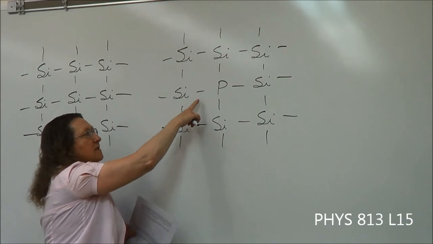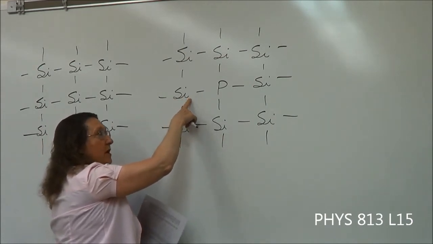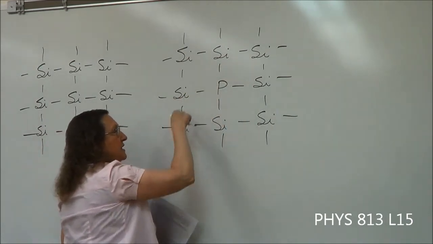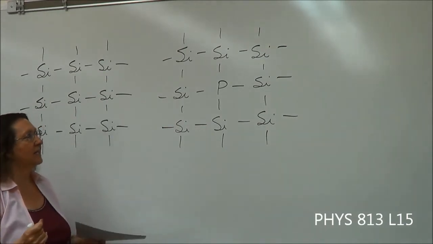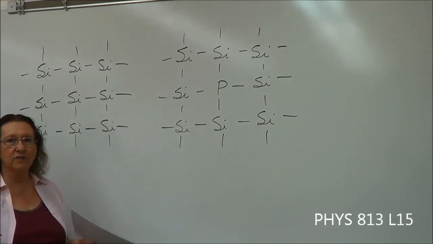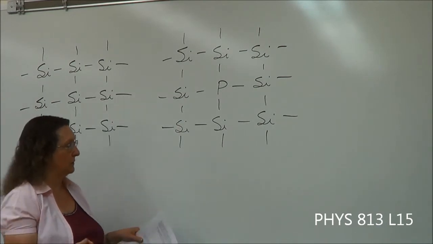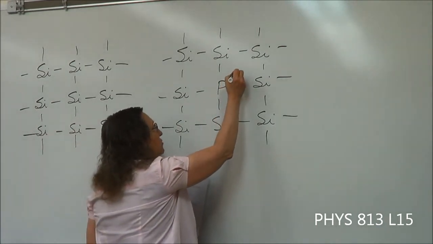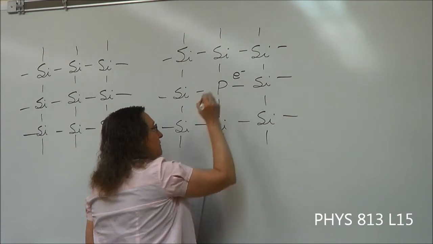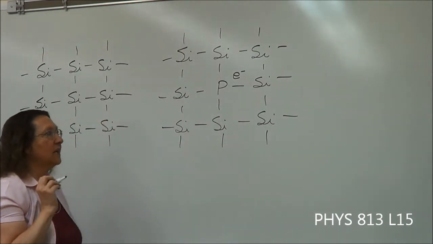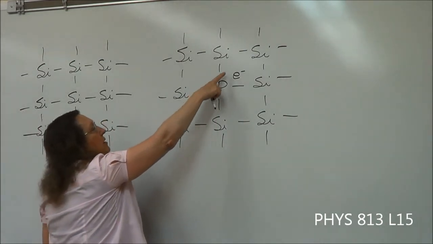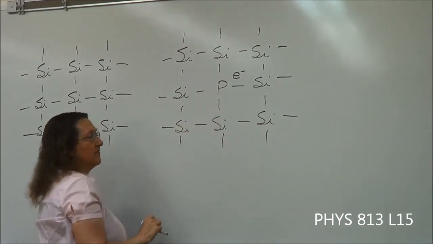4 of them can easily bond with the electrons from the silicon, but that leaves 1 extra electron. So what does this poor little extra electron do? Well, we draw it here, and then it is bound loosely to this phosphorus.